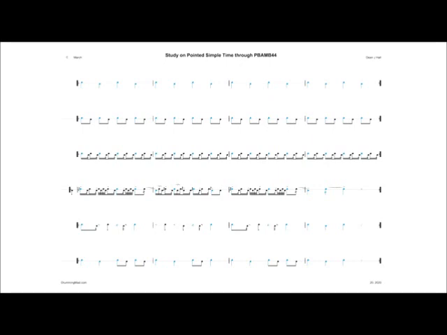We're going to add in those groove notes, the 2 groove notes in between the beats and the pulses. Here we go. 1 and a 2 and a 3 and a 4.